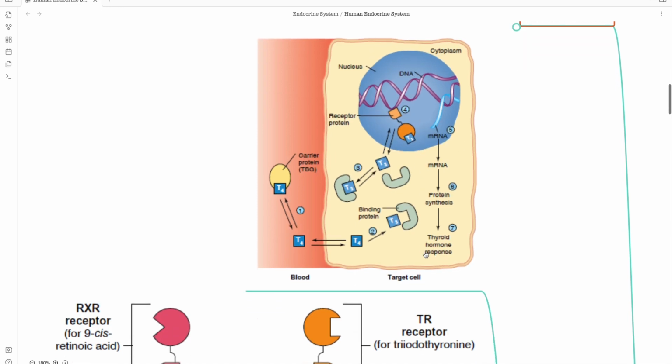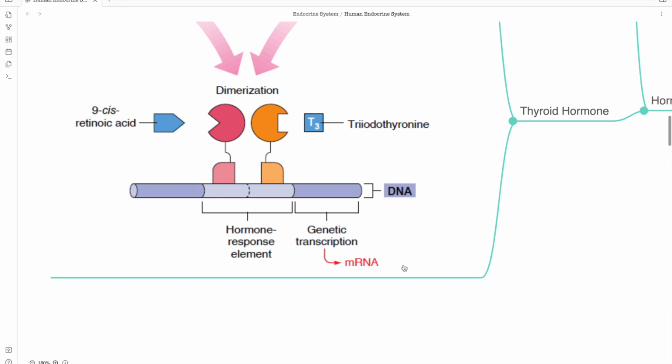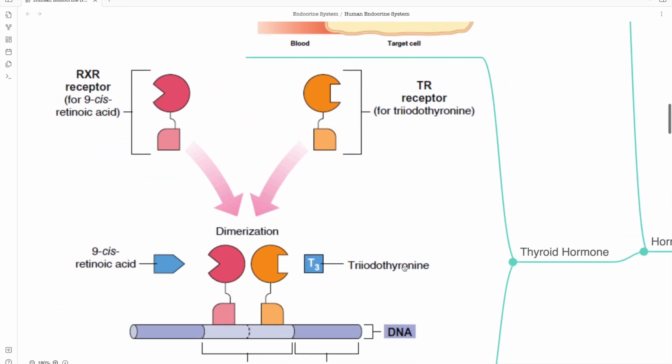But in this case what happens is, the receptor is already bound with the DNA. So T3 will come, we'll see in the next slide that T3 comes and binds with the receptor which is already associated with the DNA. So the DNA binding domain of both of these receptors are already associated with the DNA. Okay, so that is another thing.